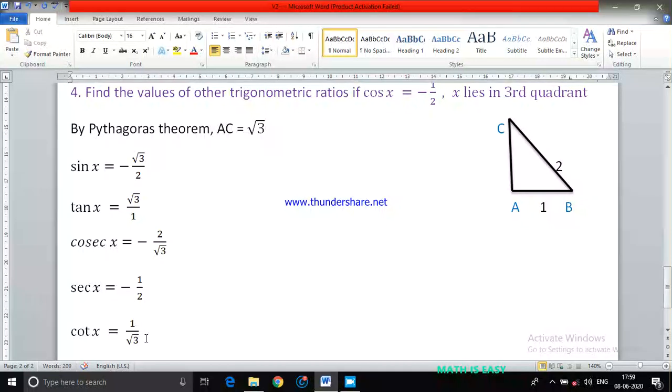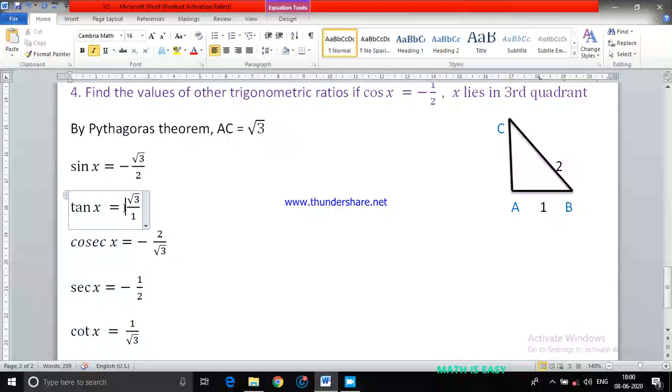For example, if they say cos x is minus 1 by 2 and x lies in the fourth quadrant instead of third, in the fourth quadrant first check: cos is negative. Yes. What are the positive ones? Cosec and sec. So cos is negative, sine is negative, tan will be negative, cosec is positive, so this negative sign you have to remove if it is the fourth quadrant.